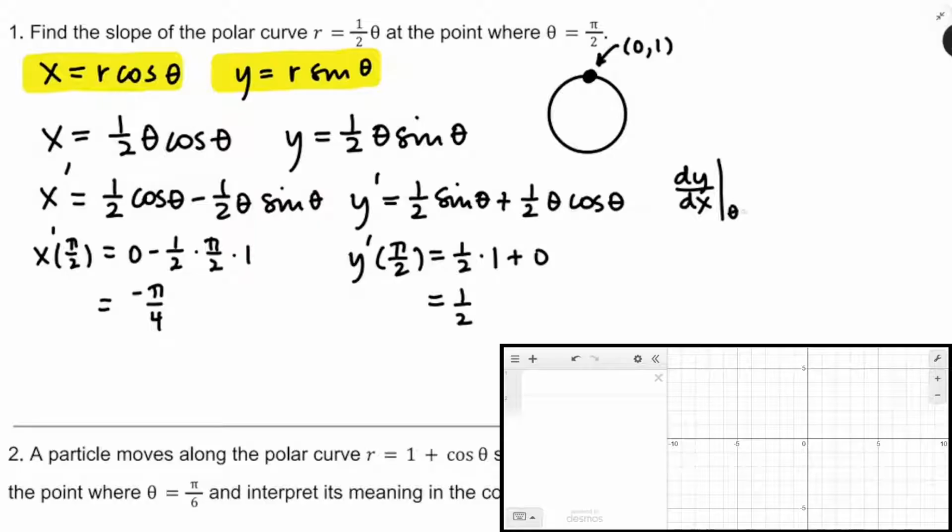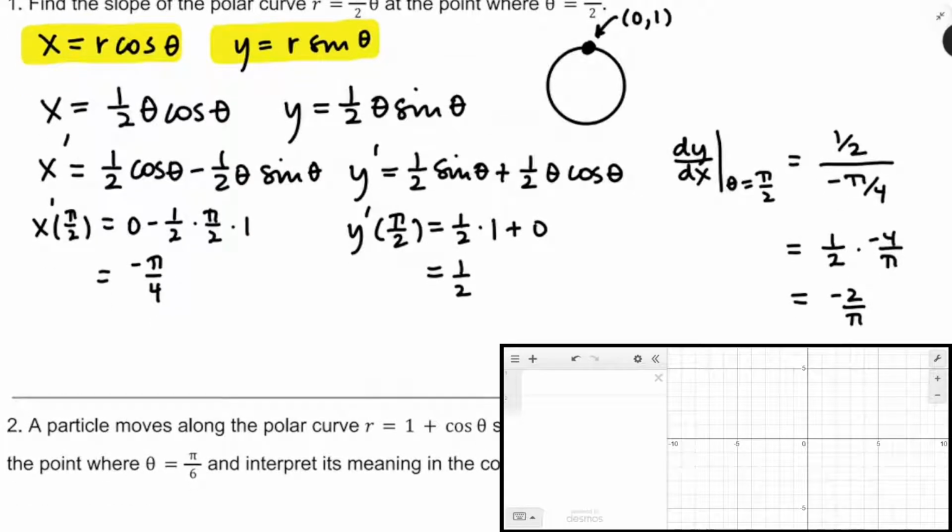So dy dx at the point where theta is pi over 2 is going to be y prime, which was 1/2, divided by x prime, which was negative pi over 4. If you wanted to simplify that, that would be 1/2 times negative 4 over pi, and so that would be negative 2 divided by pi. Like I say, this was a multiple choice type question, and you need to be able to take it all the way down to that to get the right answer.